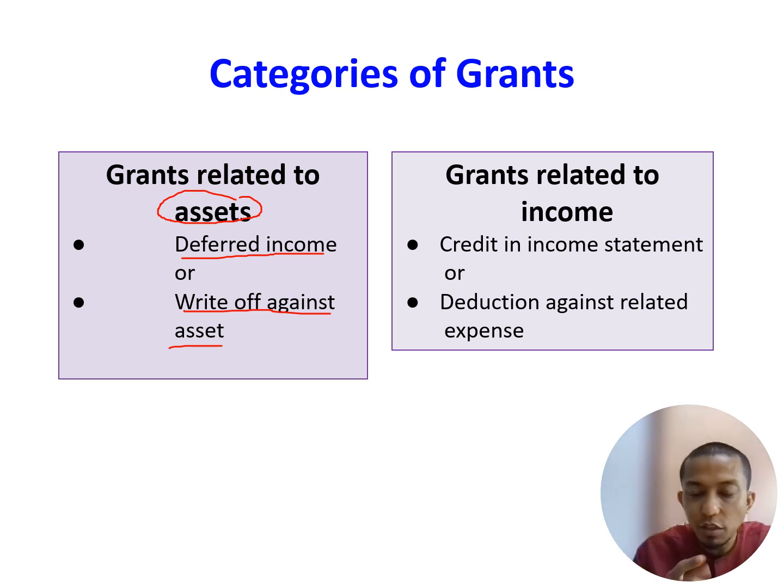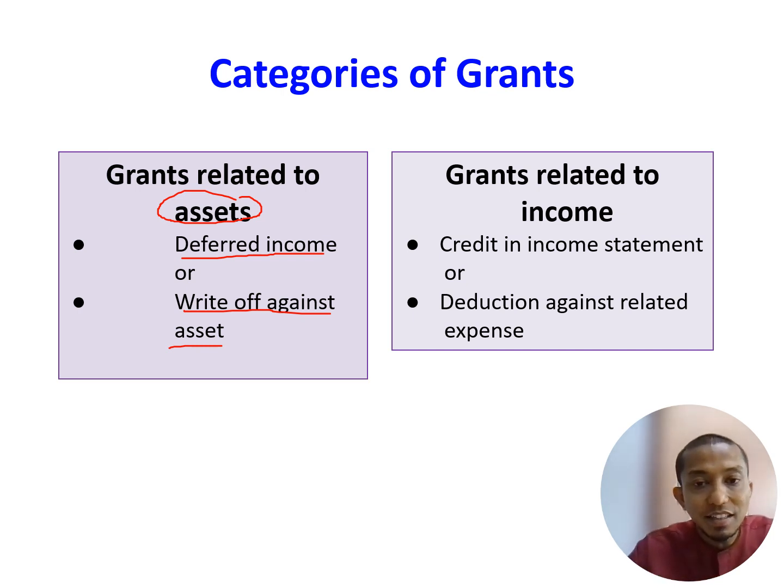What does grant related to asset mean? Government gives us fund or grant to help us purchase an asset, any asset. That one is grant related to asset. We can record it using either the deferred income method or the writing off against asset method.